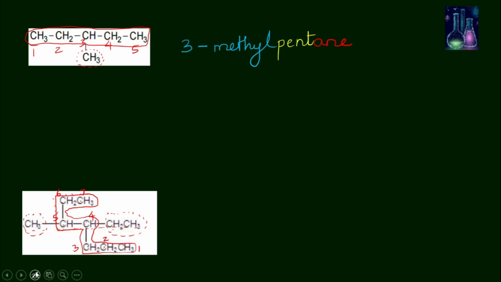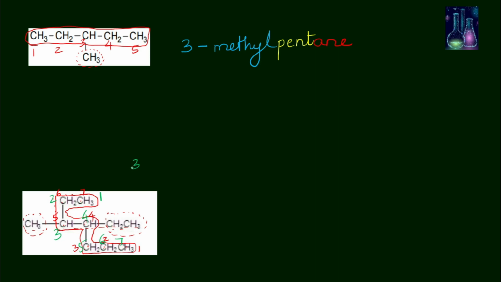And if I use the other terminal end to start my numbering, then it will be 1, 2, 3, 4, 5, 6, 7. If I start from here, the substituents get 4th and 5th number locants, whereas if I start from here, it is 3rd and 4th.